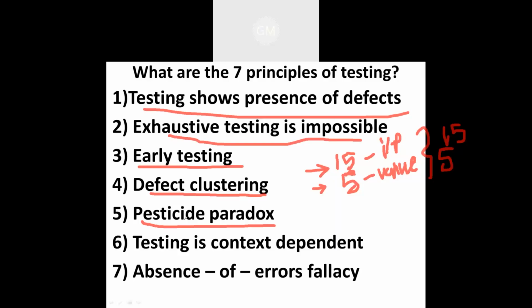So that is called the pesticide paradox. That means you need to write new or different test cases every time, and on that basis you can test the particular product. So this will be the fifth testing principle.